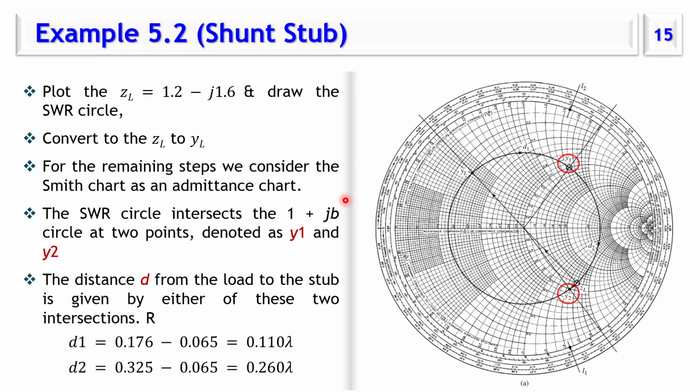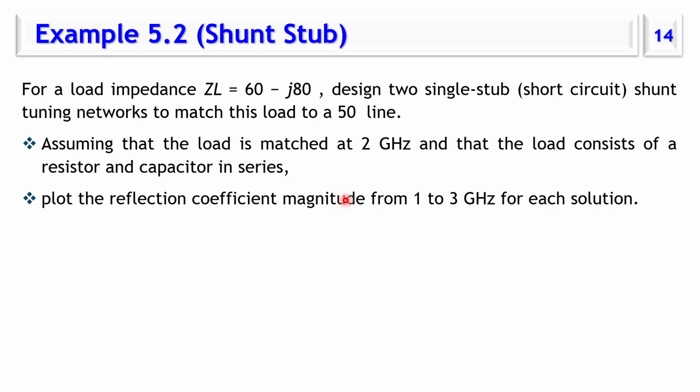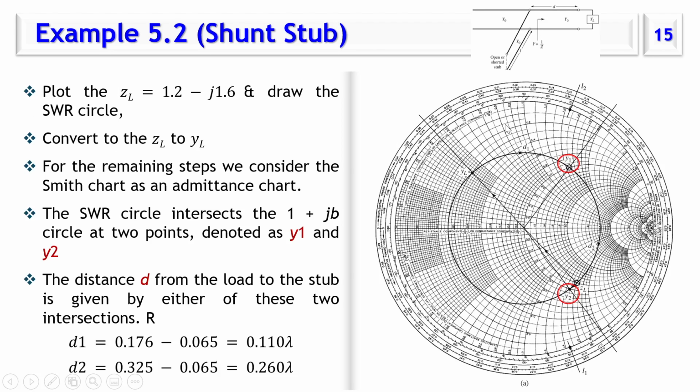Okay, so let me copy the shape for the shunt single stub. Just to visualize it in a better way, I brought this network here.